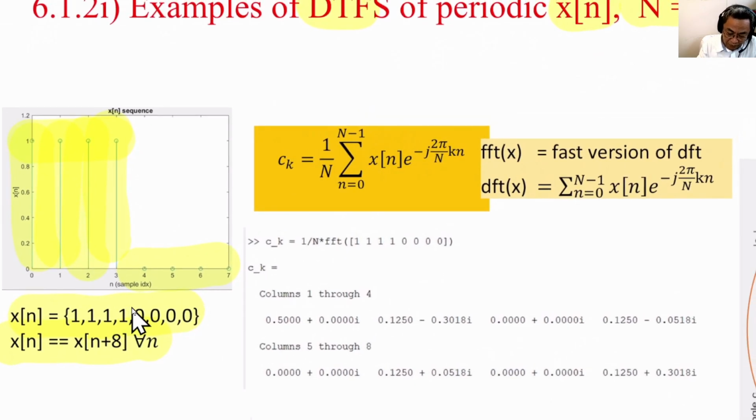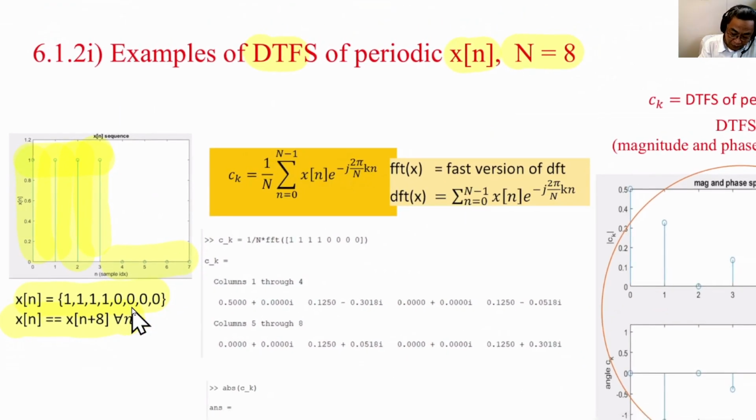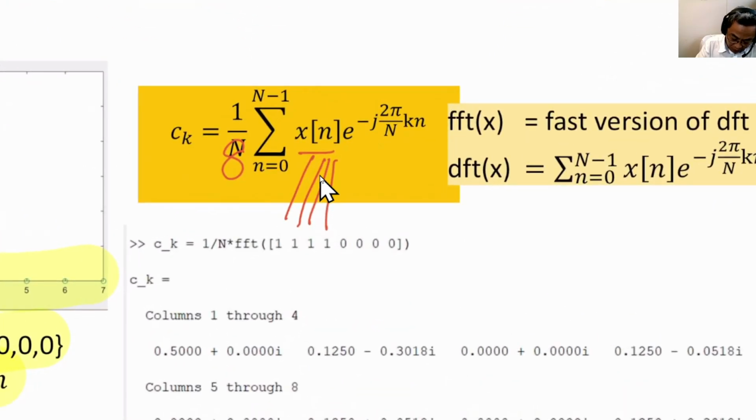And to perform Fourier transform on this, we of course take the DTFS. This is the equation of the DTFS. Basically, Ck equals 1 over N. And in this case, of course, we can replace N by 8. The x of n is x0, x1, x2, x3, so we have x0 to x3 here.